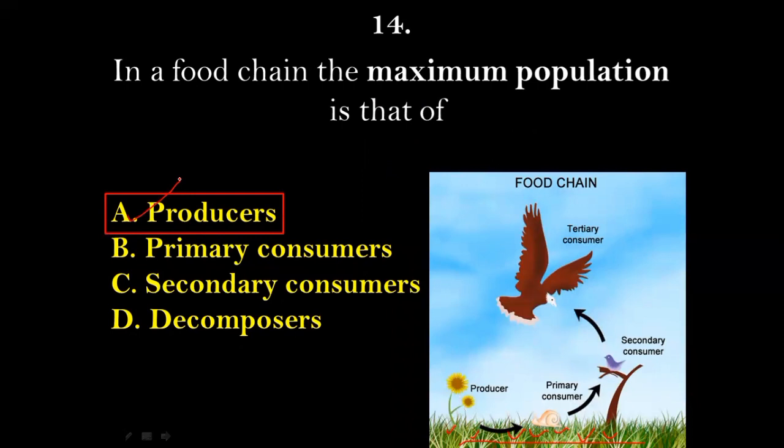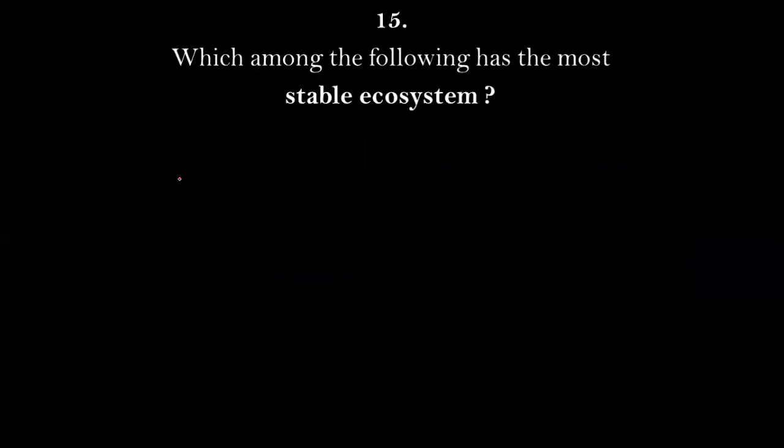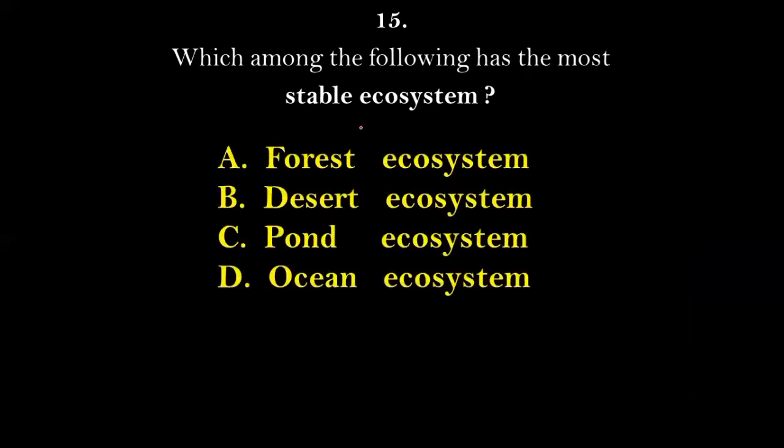Next, question number 15. Which among the following has the most stable ecosystem? Forest ecosystem, desert ecosystem, bone ecosystem, or ocean ecosystem? So the most stable ecosystem of an environment will be option number D, that is ocean ecosystem.